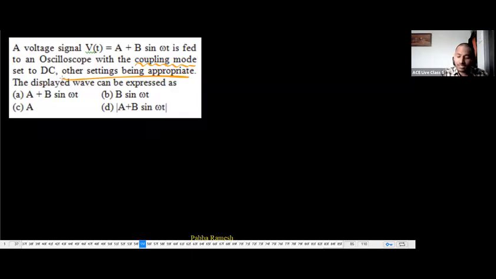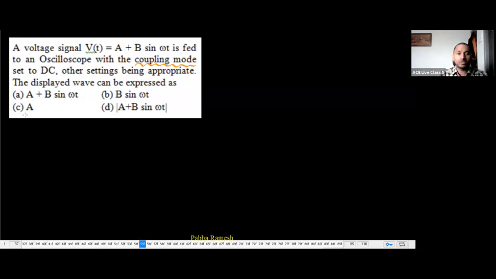And other settings are appropriate. There is no change. Only the thing is, it normally operates in AC mode. DC is being coupled. Now the CRO is operated with DC and AC combination. That's the actual point. Then the displayed wave can be expressed as, see, the last option. It is given as magnitude. Does it show the magnitude always directly?